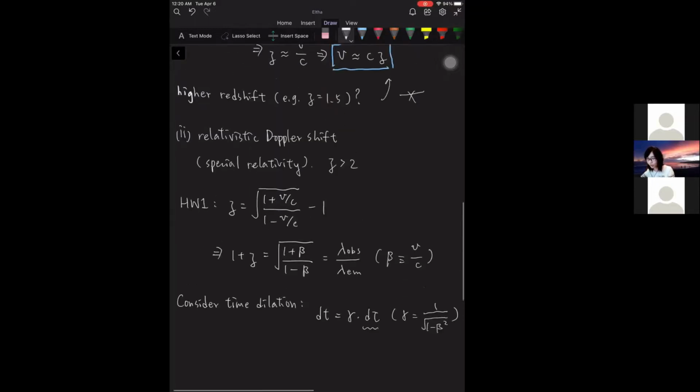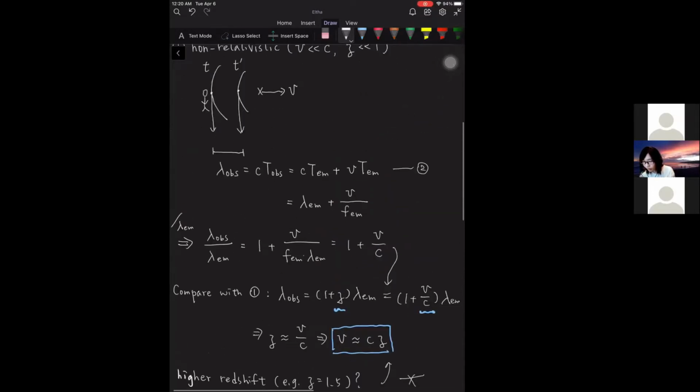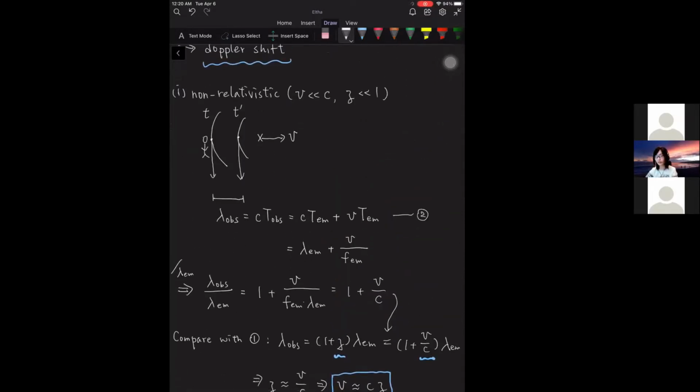Okay, so let's move to this picture here. Now we're setting the wave crest at time t, which arrives at us, as the rest frame, right? Because we are also in that frame. And the next wave crest appears at t prime, which is the co-moving frame. It's another frame moving with a velocity v away from us.